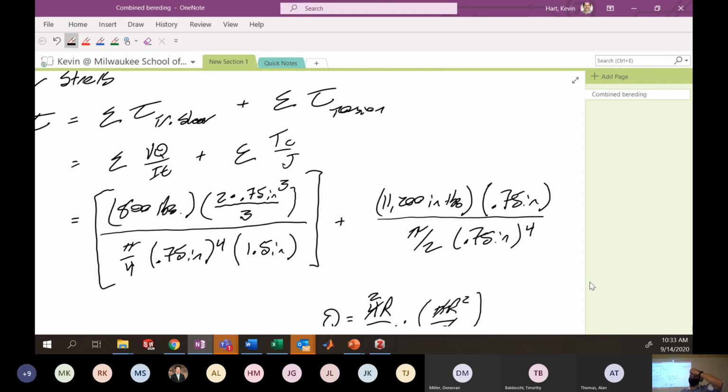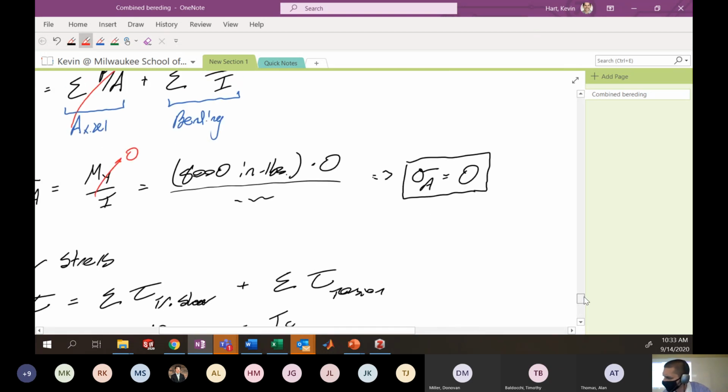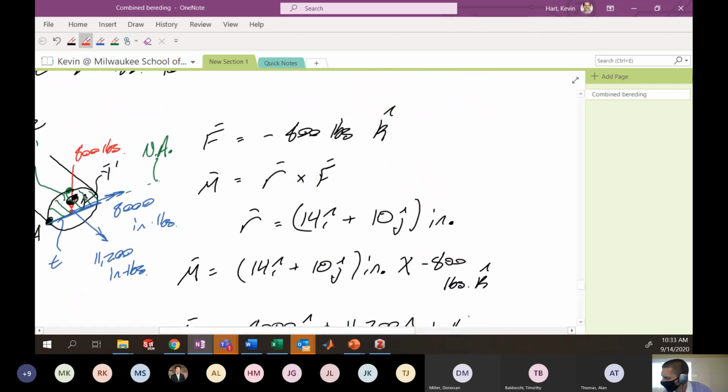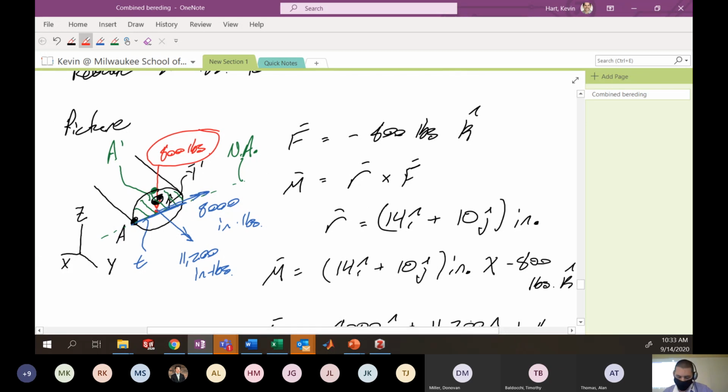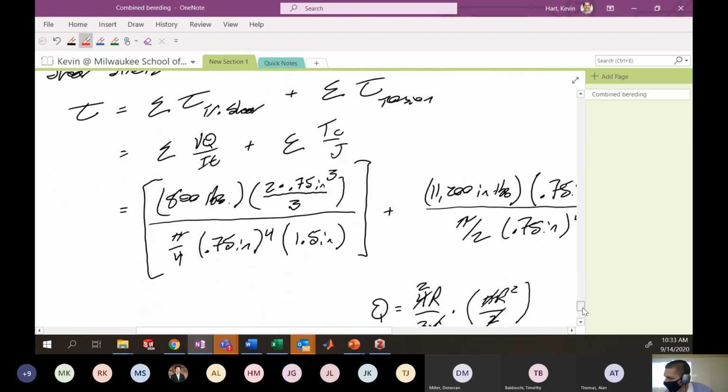Now, I got to think about the signs for each one of these as well. I've kind of neglected that up to this point. So let's think about the sign of the transverse shear. Give you a second to copy down what I have. For the transverse shear, this particular force is coming across the face in the negative direction, so it's coming downwards. So for that reason, we're going to have a negative contribution for the transverse shear.